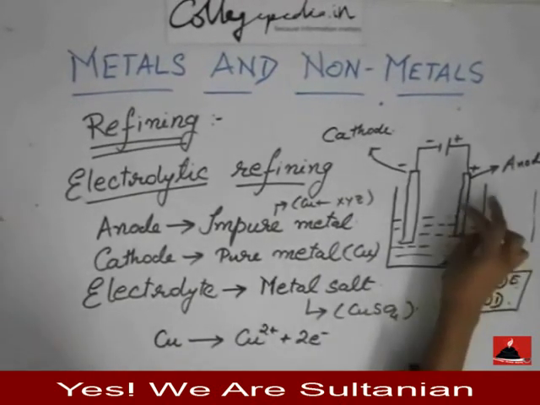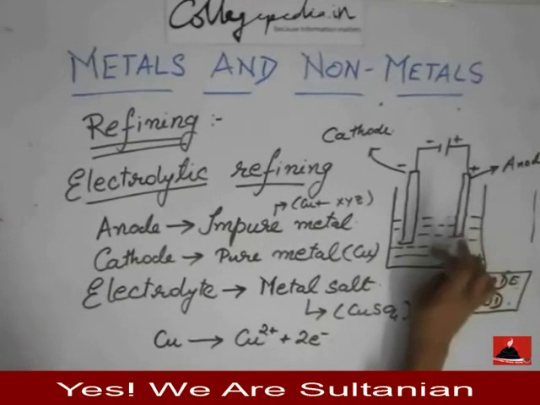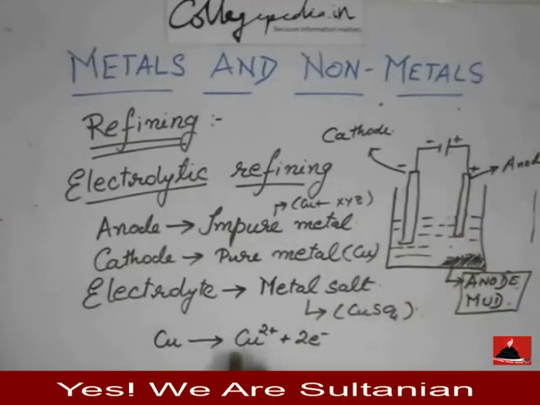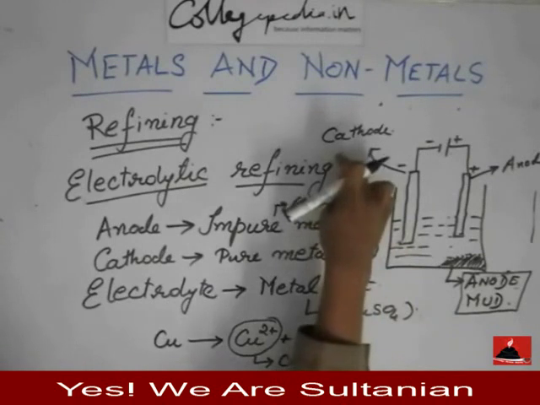So this copper will get dissolved in the solution and it will become copper 2 plus. Now this copper 2 plus is what kind of an ion? Positively charged. So positively charged ions are what? Cations, if you remember. And cations will move towards the cathode.